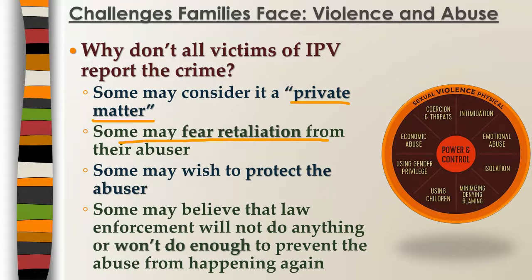Some people might wish to protect the abuser. A lot of people still really love the person who is hurting them, and they think that maybe they'll change, maybe not next time. And some, again, will be fearful that law enforcement won't really do anything or won't do enough to really prevent that from happening again.